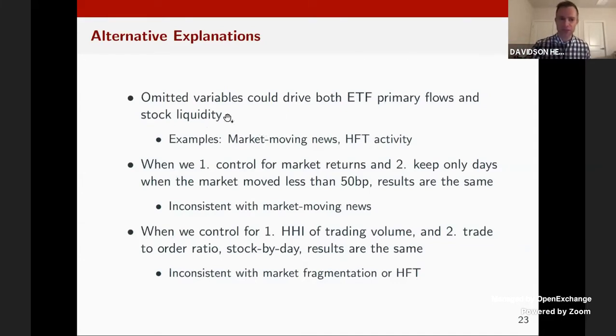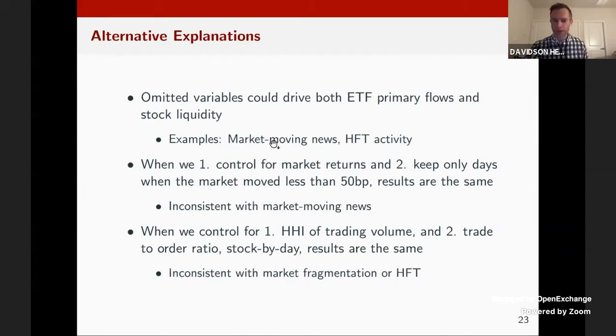And maybe at the same time, there's some differential effect on stock liquidity, because market makers say, oh, I'm going to face more informed trading, more informed orders, and that's going to be hitting the less liquid stocks more severely. So that's a potential confounder, a potential alternative story that suggests that we're just picking up an association in the data, but the ETF flow itself is not causing the changes in liquidity.